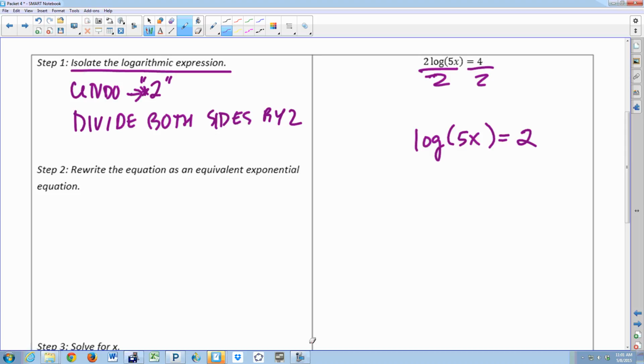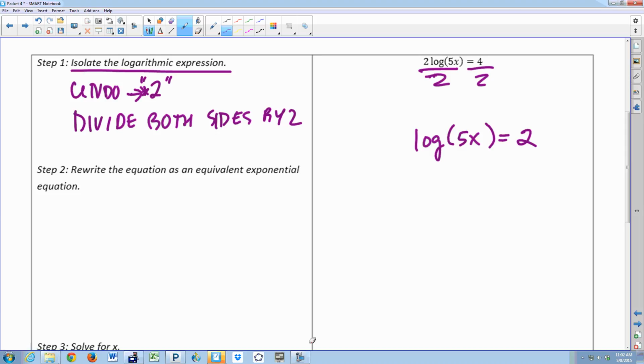But what's easier to do is to say, okay, here's a log problem. Can you tell me what the base is of this log? What's the base? You don't see it looking at you, right? You can't see the base, so what's it understood to be?